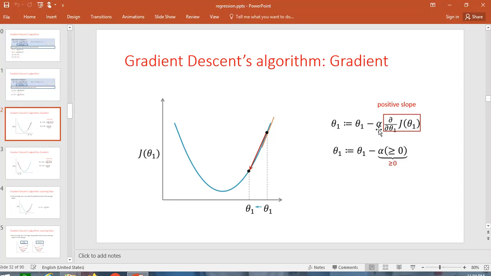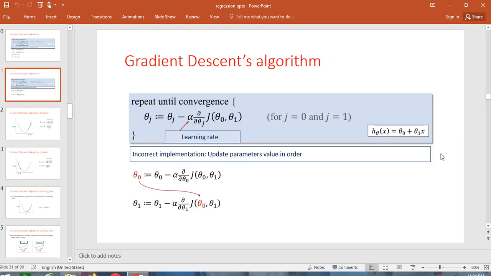We can make this equation simpler. We can say the new theta 0 is equal to the previous theta 0 minus alpha times the differential of the cost function with respect to theta 0, which we have written here.